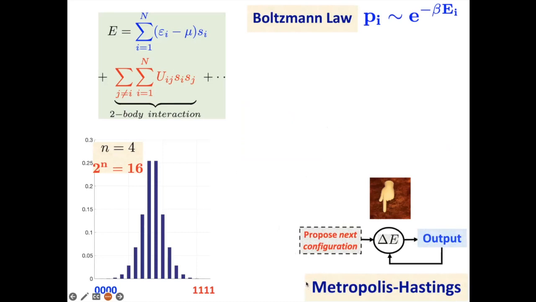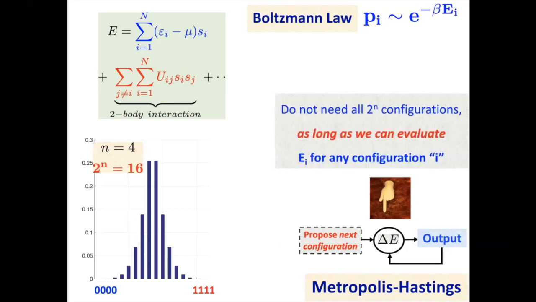One of the common ones is Metropolis-Hastings, which many of you are probably familiar with. The challenge is that you cannot really calculate the entire probability distribution, but you want to generate samples which obey the correct probability distribution. And this algorithm lets you do that.